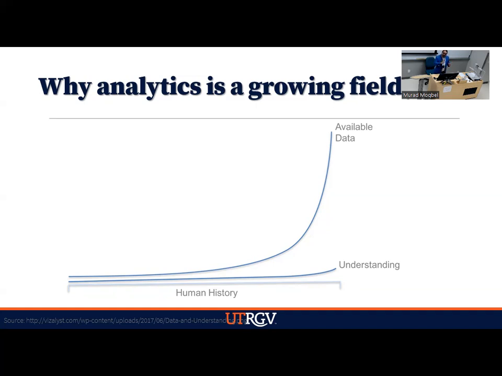As a result of this exponential increase of data, a lot of organizations have been struggling to find skilled workers who can help them transform this data to useful information. So as a result, a lot of universities, including our university, started new programs like the Master of Science in Business Analytics, so we can equip and train our students with skills to transform data to useful information.